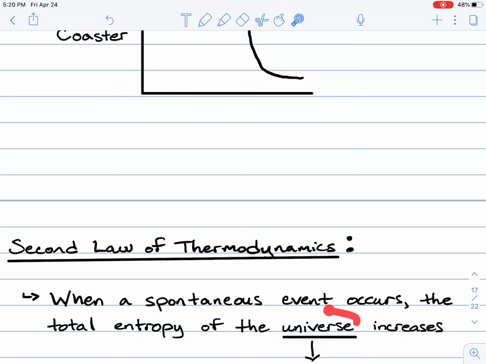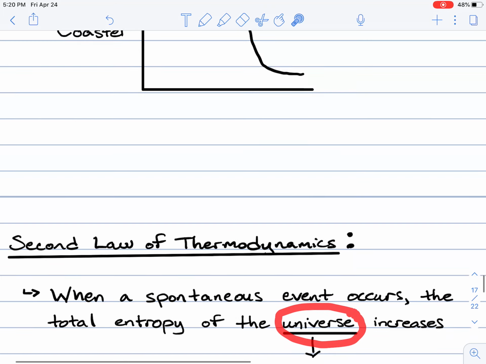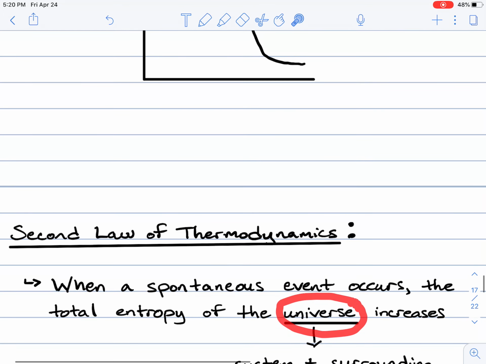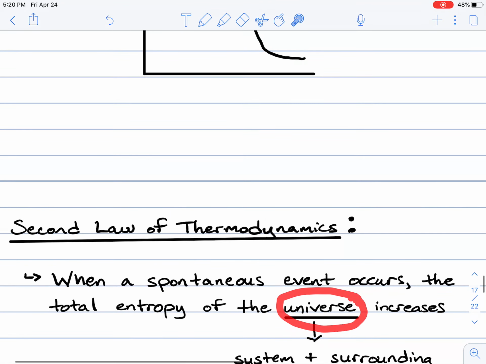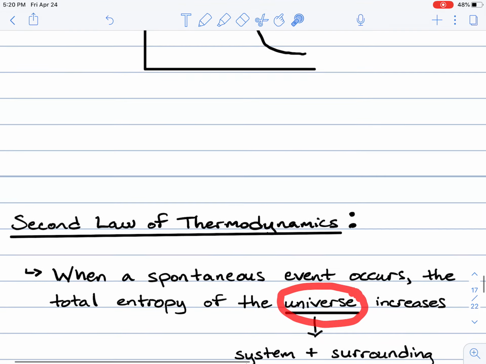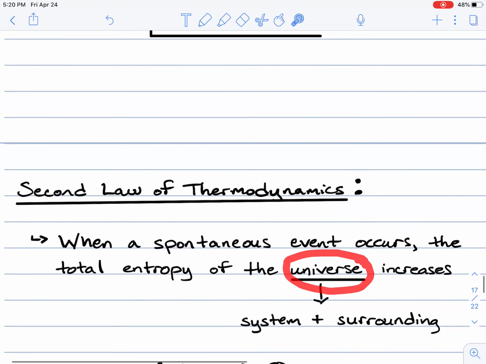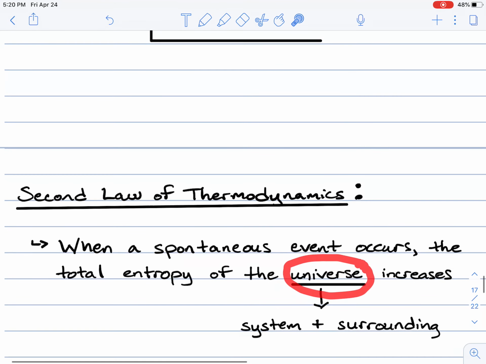And so let's talk about this term universe. This word universe can be taken literally or it can be taken figuratively. Since this is a chemistry course, we're not taking this word literally. We're not talking about the whole universe here, that involves the planets, galaxies, stars, etc. However, the universe that we're looking at is simply a chemical reaction.